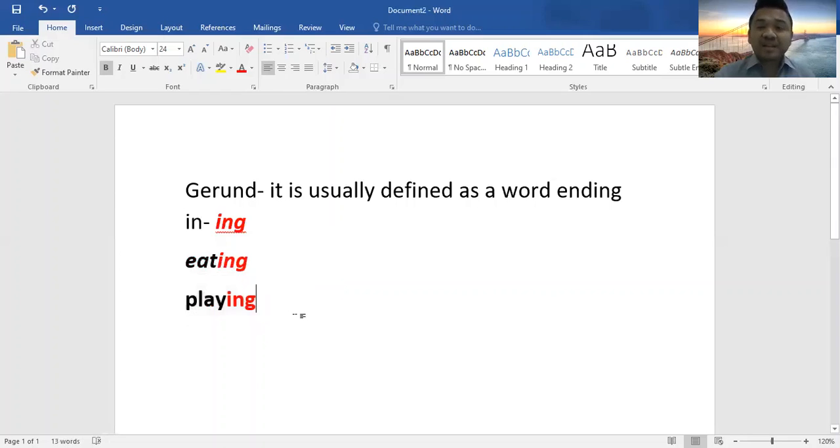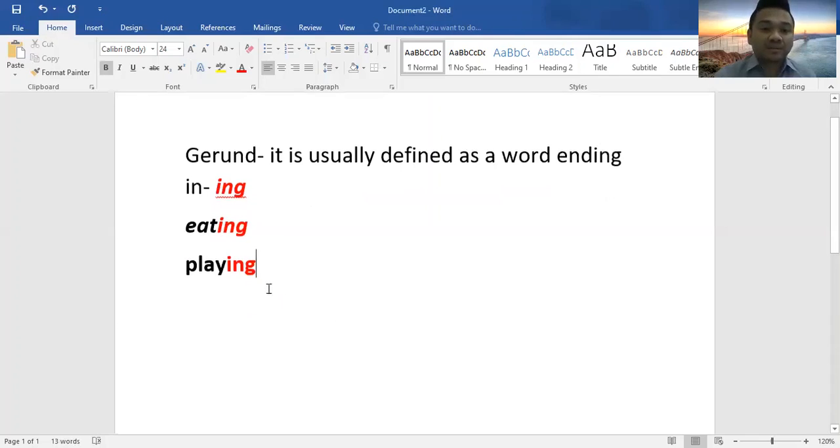Please take note that gerund has three basic usages. The first usage is that the gerund serves as the subject of a sentence.